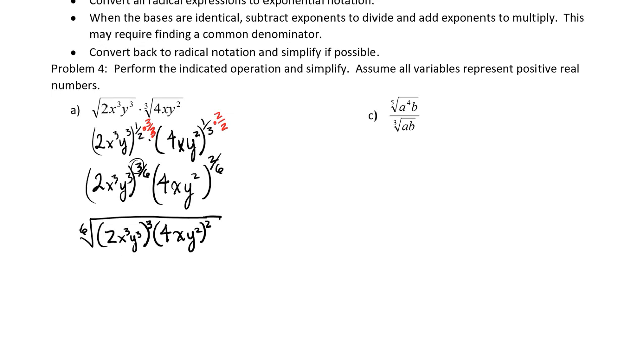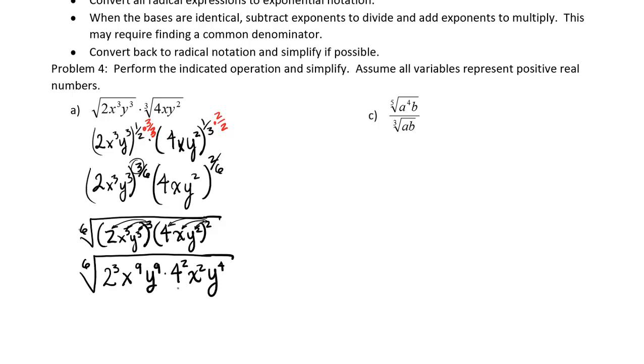From here, I can distribute that 3 to each factor inside the grouping. When I do that, I'll have the 6th root of 2 to the third x to the 9th y to the 9th times 4 to the second x to the second y to the 4th. I'm simply distributing that 2 as an exponent to each factor separately.